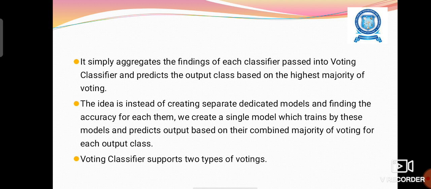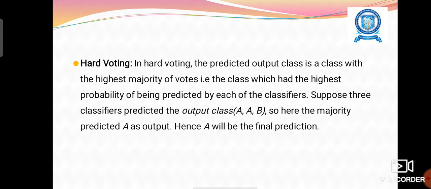The voting classifier supports two types of voting, soft voting and hard voting. In hard voting, the predicted output class is the class with the highest majority of votes.